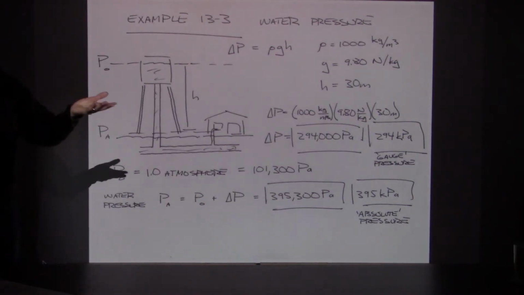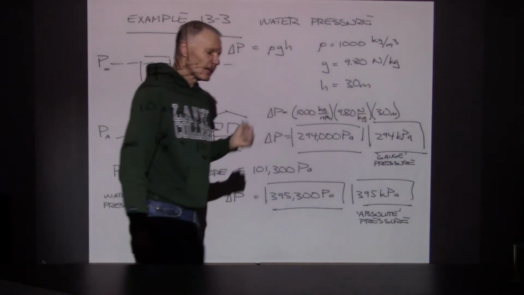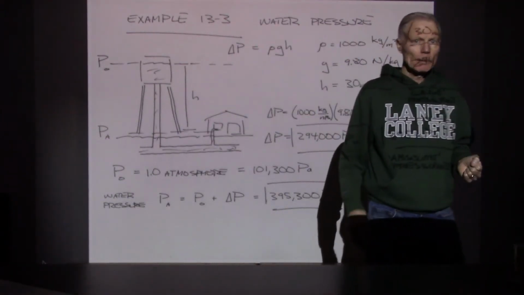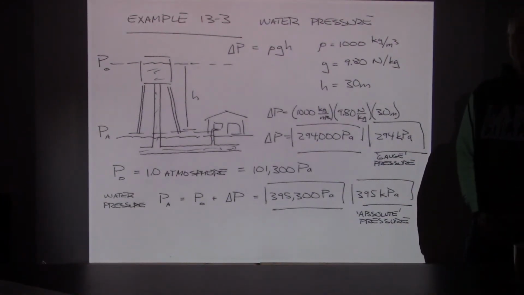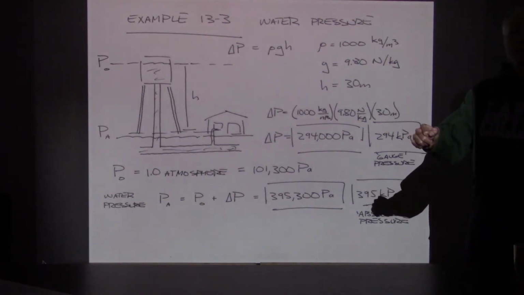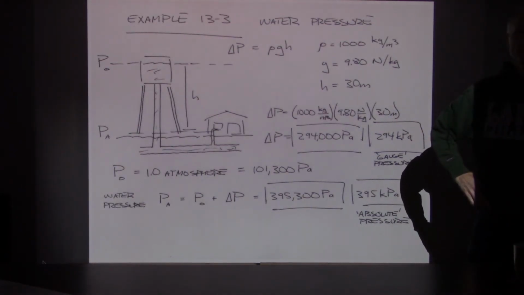So for example, if I get a pressure gauge out and I measure the pressure in my bicycle tire when it's flat. So let's say my bicycle tire goes flat, I get the pressure gauge out, what does it read? And it reads 0. But wait a minute, it's not really 0. The pressure inside the tube is 1 atmosphere, and the pressure outside the tube is 1 atmosphere, and that's why it's flat.